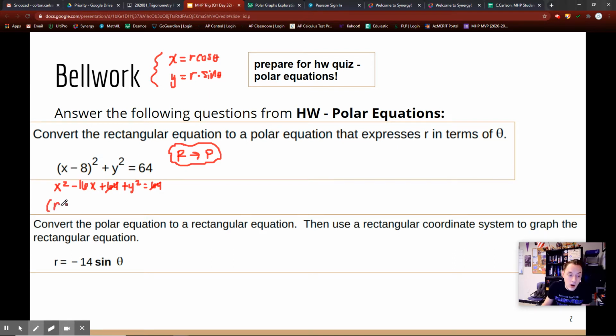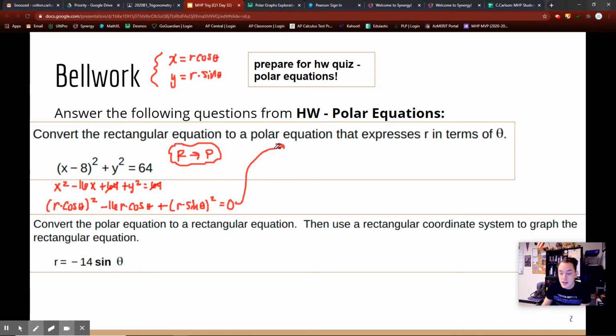I have r times cosine of theta squared minus 16 times r cosine of theta, just substituting x for r cosine theta. And then y squared is plus r sine of theta, but make sure you square it. And then, of course, this is equal to 0.